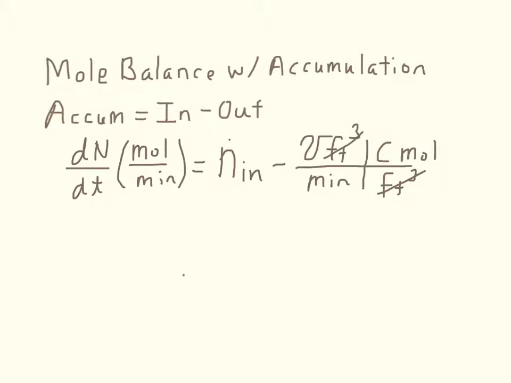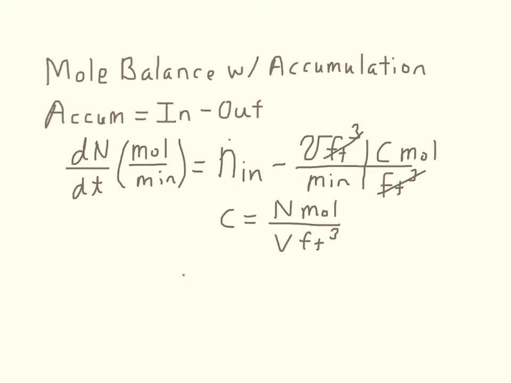Now the concentration changes with time just like the number of moles, and so it'd be handy to change concentration into the same unit as moles. So concentration then is the number of moles divided by the volume of the system, which is the volume, area times height of the room.